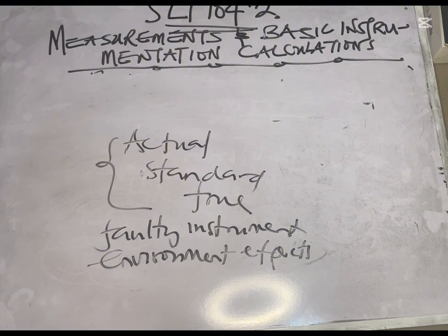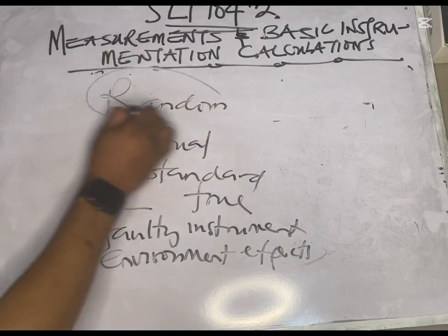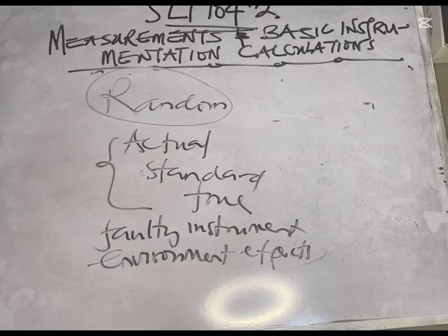One thing about random errors, they are not determinate. Random errors are indeterminate because you cannot easily determine the cause of a random error. It can happen because you probably did not continue with that experiment consistently.